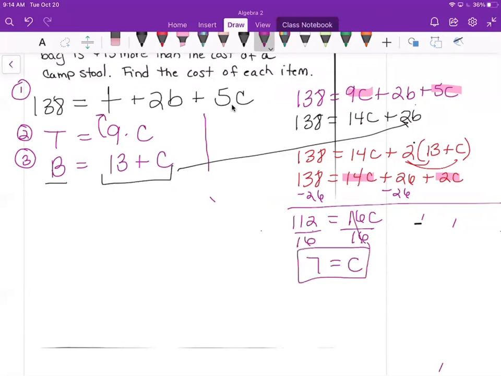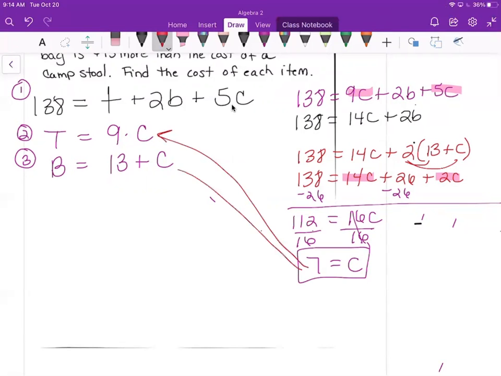Now, because this problem is a lot simpler than some of our others, once you solve for one of the variables, it's all super easy from there. So I'm going to go ahead and replace our c's with 7, and that's going to give us our other numbers. So we're going to have t equals 9 times 7, which is going to give us 63.